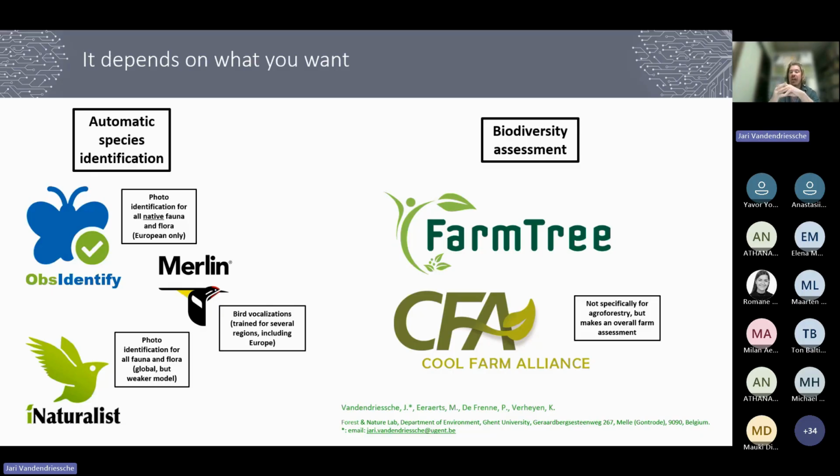If you really want to aim for a biodiversity assessment of your system, then FarmTree and Cool Farm Alliance are also quite good options. With the mention that Cool Farm Alliance is not specifically tailored to agroforestry systems, but makes an overall farm assessment, which also integrates biodiversity.